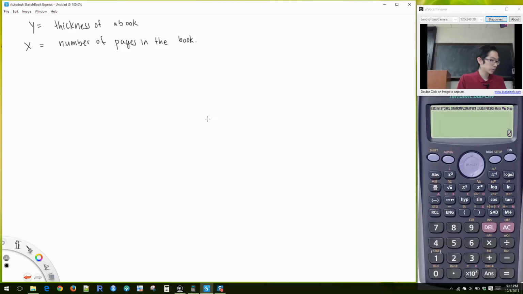Okay, so we would expect a positive relationship, right? The thickness of a book is measured in millimeters, okay?